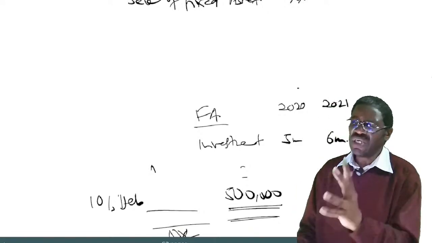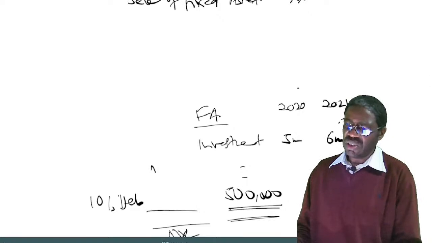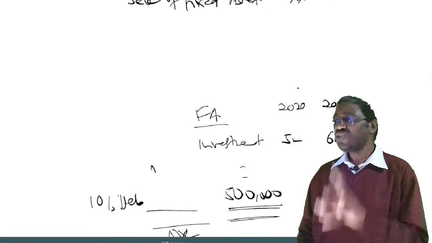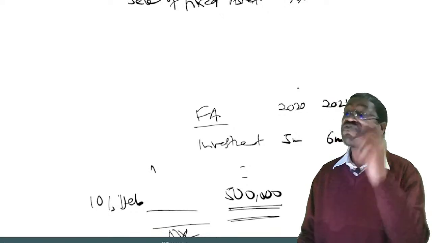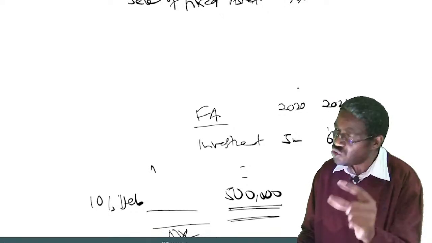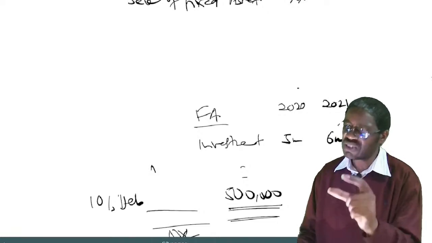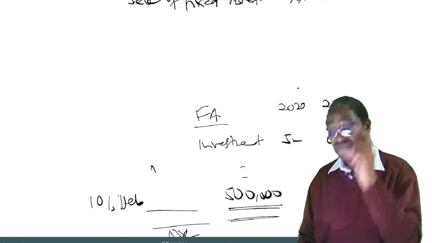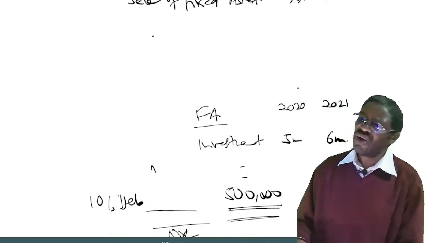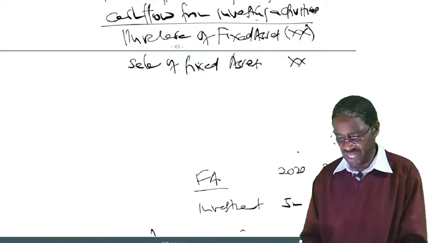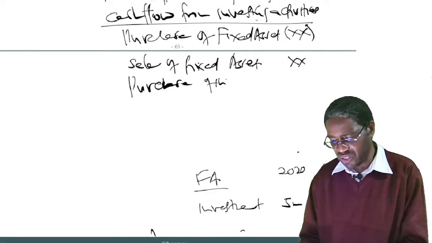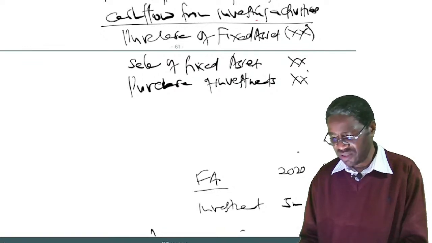So when investments are increasing, it is obvious you could have bought some investments. And those investments are among the fixed assets. I've told you, investing activities are any transactions that affect a fixed asset. So if there was purchase of investment, then it's still an investing activity. Say a purchase of investments. Whatever it is, that's an outflow.